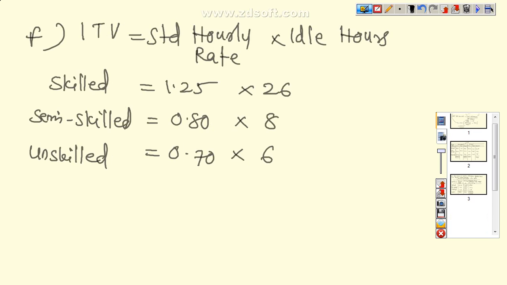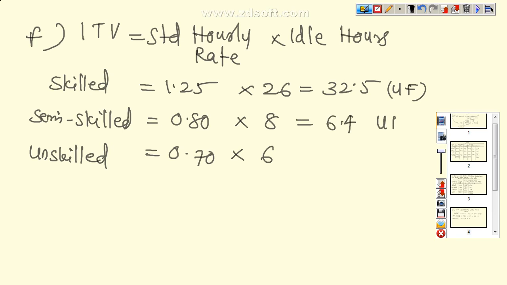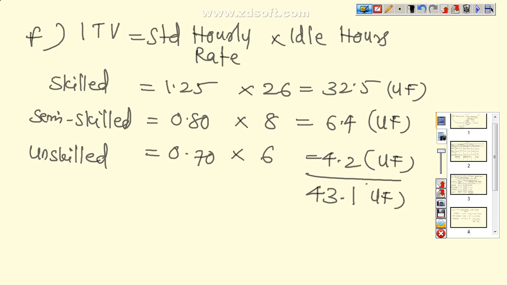That is 32.5 unfavorable, because idle time is not beneficial for the employer, 6.4 unfavorable and 4.2 unfavorable. The final answer is 43.1 unfavorable. Here it is not mentioned which variances we have to calculate, so we have to calculate all of these. If the idle hours are given, we have to calculate that also.